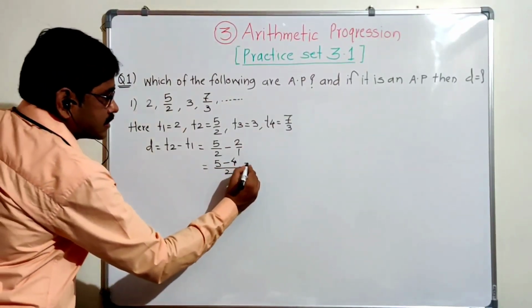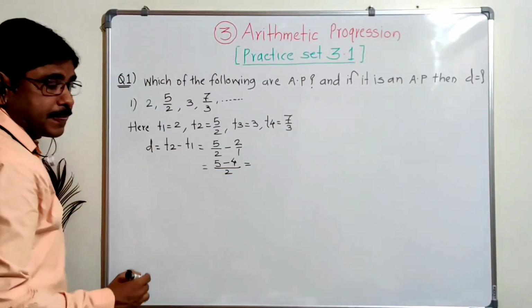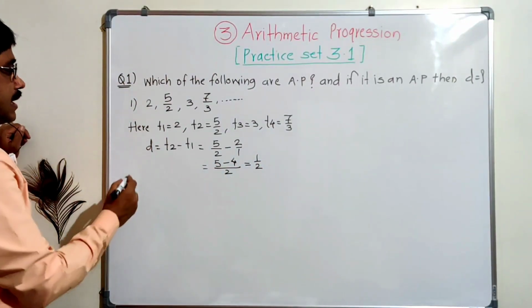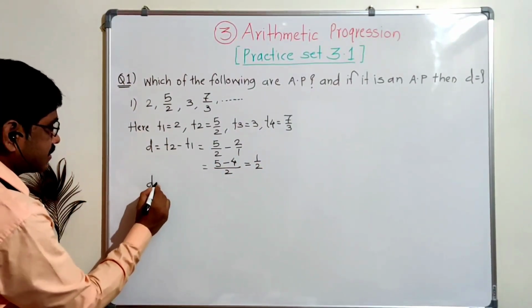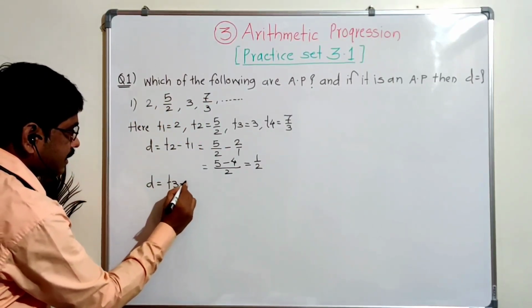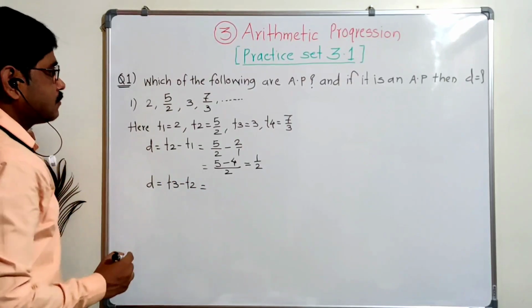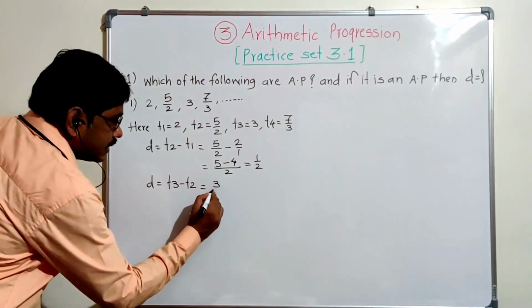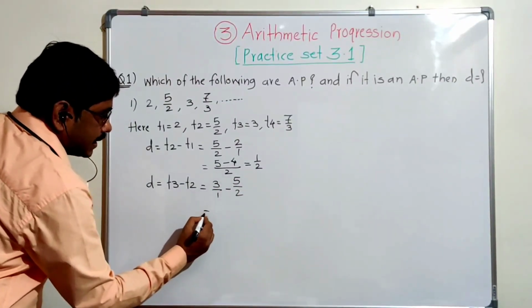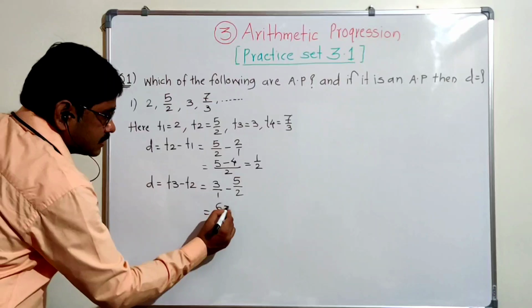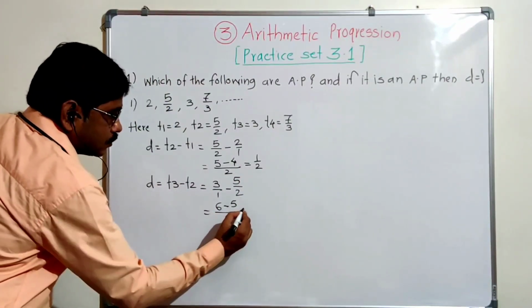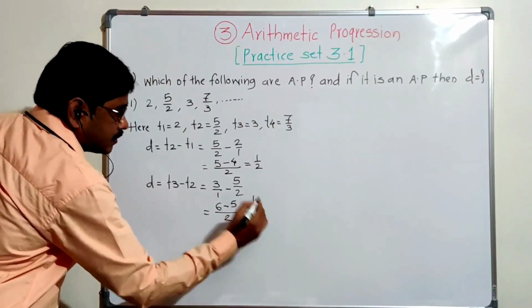So we get the first difference is 5 minus 4 divided by 2 is 1 upon 2. This is the common difference. Now second difference, D is equal to T3 minus T2, which is 3 by 1 minus 5 by 2. By cross multiplication, 3 2s are 6 minus 5 1s are 5 divided by 2 1s are 2. So here again we get 1 upon 2.